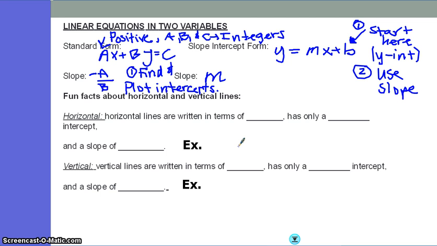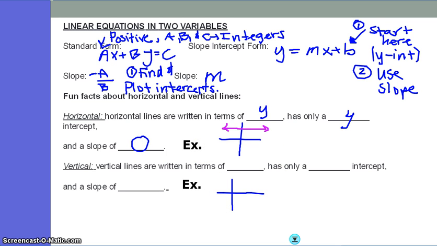Your horizontal lines are the lines that when you graph them, they look something like this. They are written in terms of y, and they only have a y-intercept. Now, if you think about walking across this line, the slope of a horizontal line is 0.